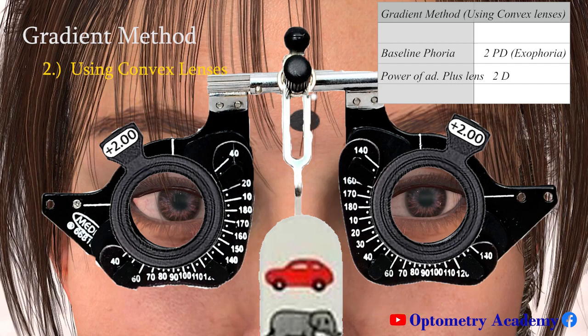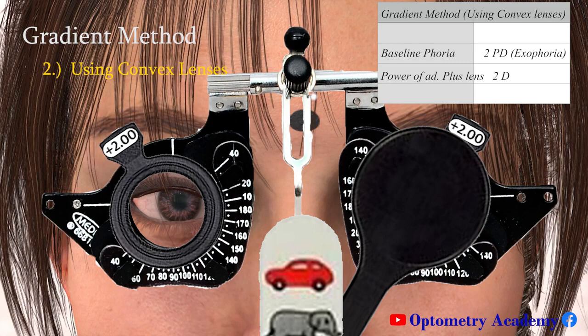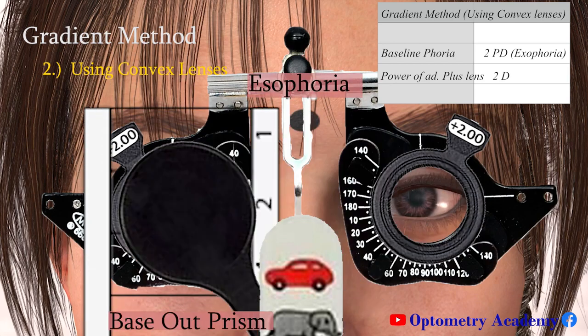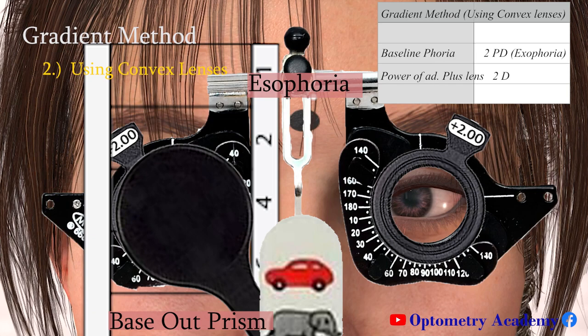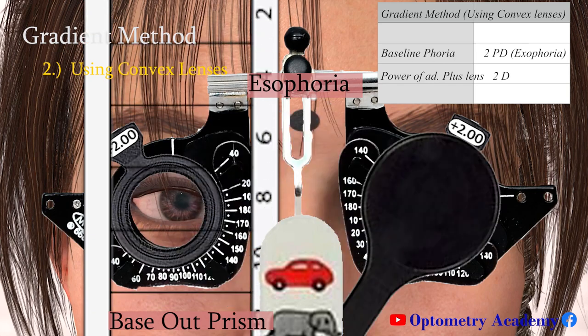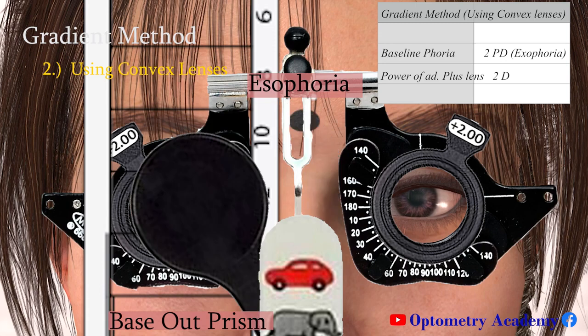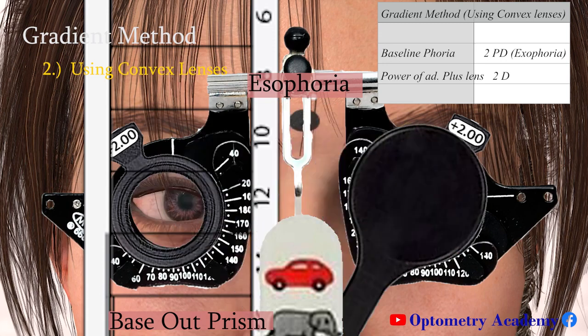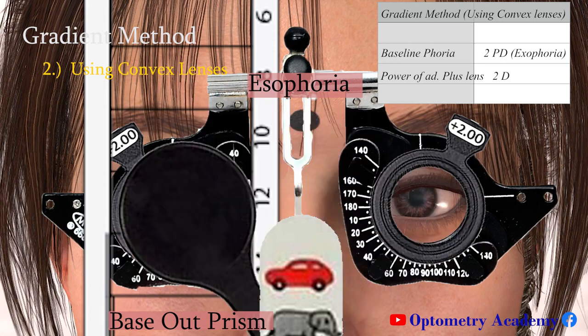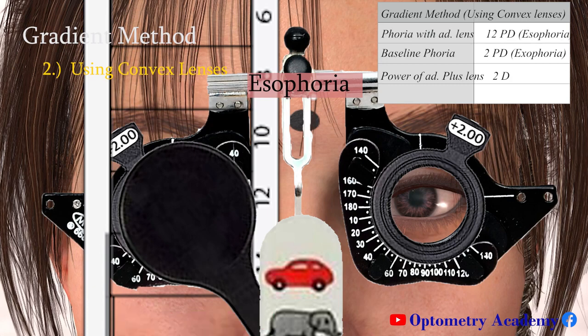The deviation is measured again with the patient fixing at the same target but through +2 diopter lens. Here the phoria with additional plus lens is 12 prism diopter esophoria.